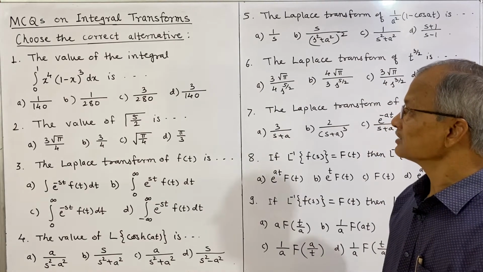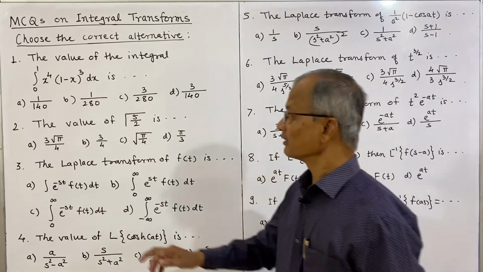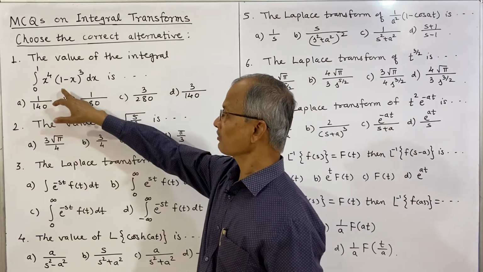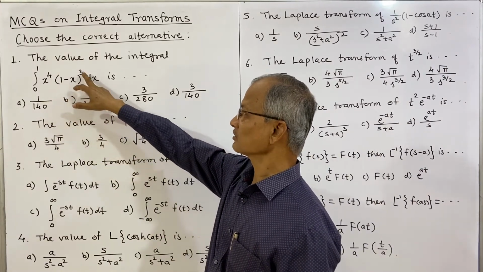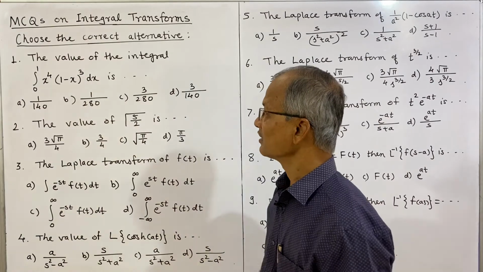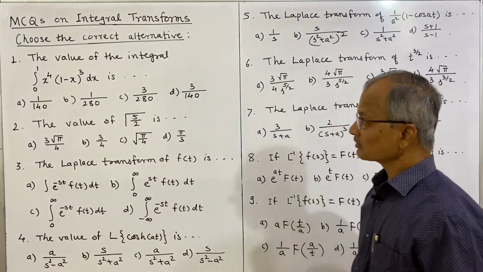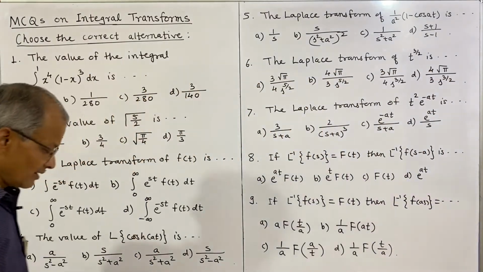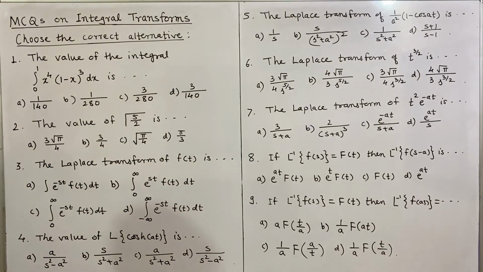The first question is the value of the integral 0 to 1 x power 4 into 1 minus x to the power 3 dx is which one? So this integral can be expressed in the form of gamma function.